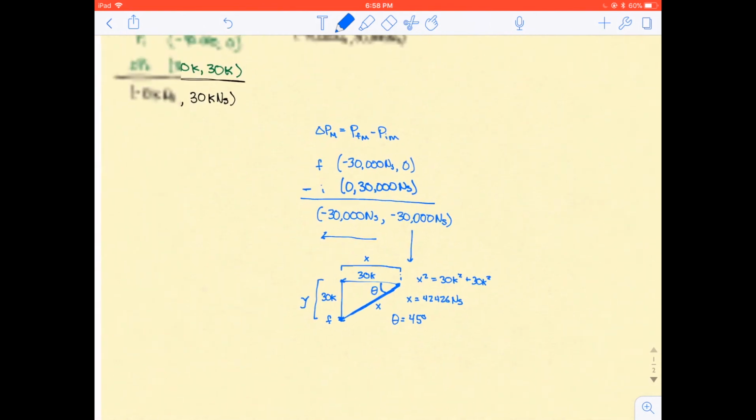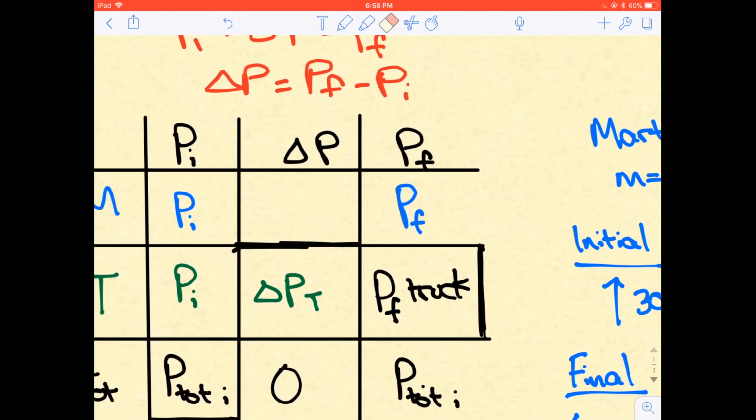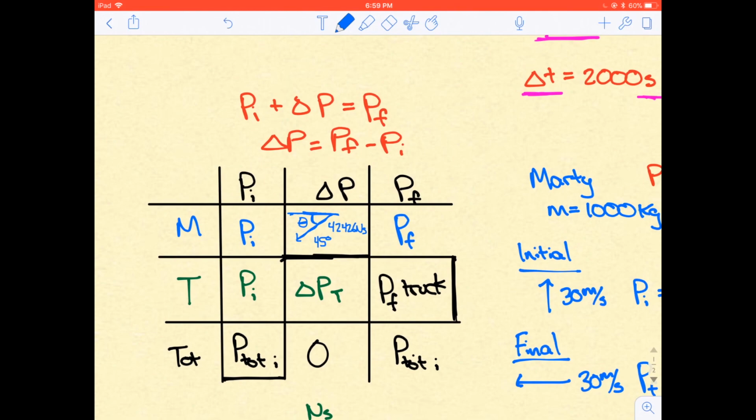Now, when I write my final answer, I have to specify that it's going downwards, and write out the theta as well as the axis that is my reference point. So 45 degrees, and then also, of course, write in the magnitude, 42,426 Ns. You just do this for all the components that you've gotten to get full points on this part.